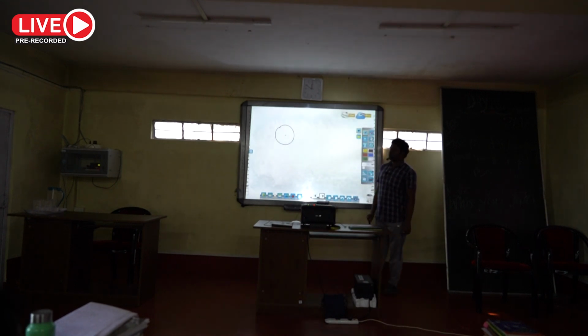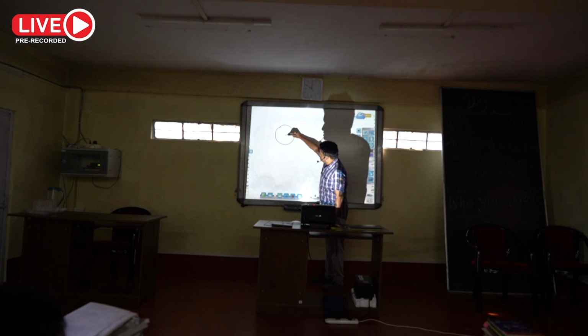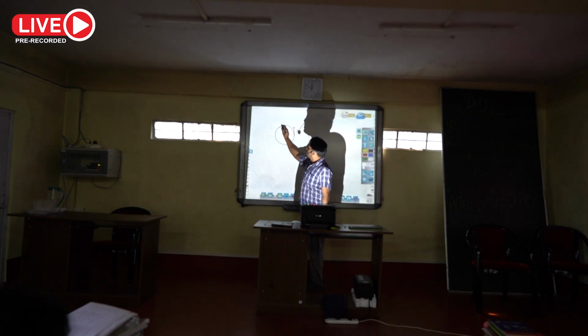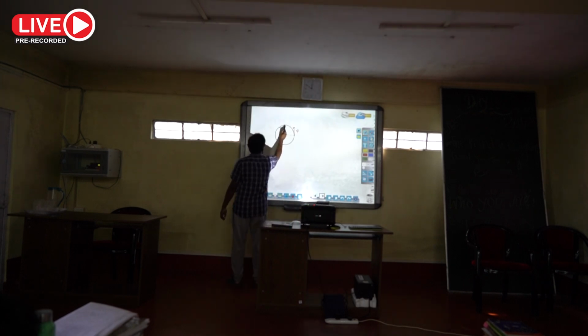Okay, particle is moving along a circle. Suppose its velocity vector at this point is like this, v, and at this point its velocity vector is this.